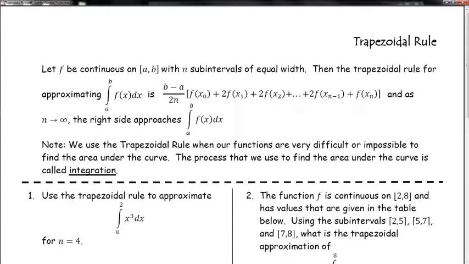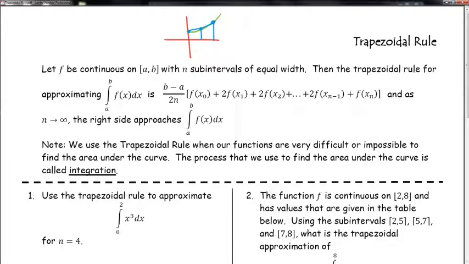And so if I have a curve that looks something like that, I could create rectangles, but possibly a better idea would be, what if I created a bunch of trapezoids? That might be a better representation of my curve.